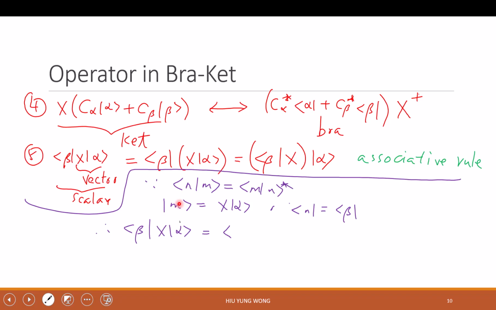If m ket equals x alpha, what is m in bra? Then m bra equals alpha bra x dagger, right? And what is n in ket? Of course, this is just equal to beta ket.